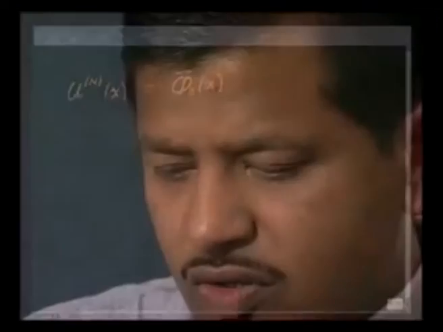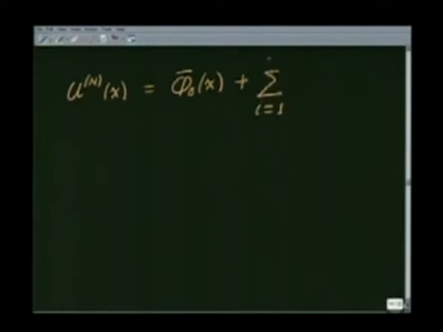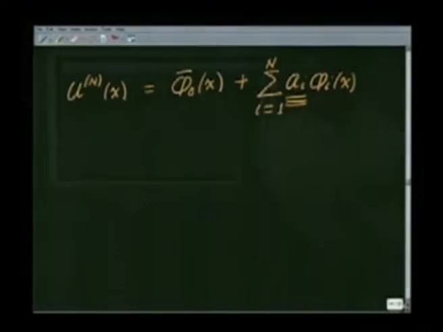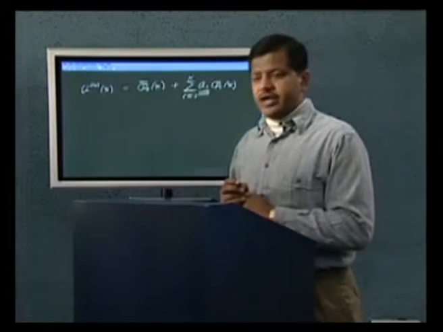So un of x will be equal to phi 0 bar plus summation i from 1 to n of ai phi i of x. Now our job will again be to find these coefficients ai. So we will substitute this back in our variational formulation.